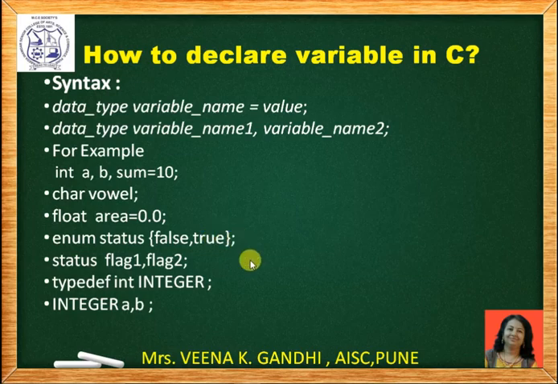Now we can declare variables flag1, flag2 of type status. So we have given a new data type name, status. Next, we can also use typedef int: we give the new name integer. Now we can declare variables of type integer a, b. Instead of int a, b, we can use the new name integer, and the variable names are a and b.